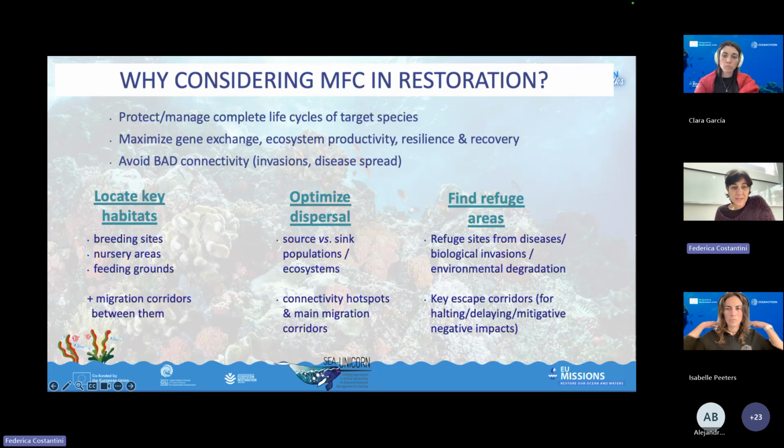We can optimize the dispersal, so we can evaluate the source and sink populations, and we can identify connectivity hotspots and migration corridors. Or we can also find some refuge areas, so refuge sites from disease, from biological invasion, or from environmental degradation. And also we can evaluate key escape corridors to reduce the effect of these stressors.